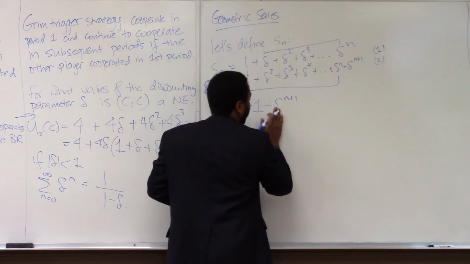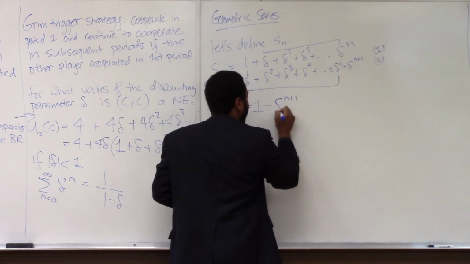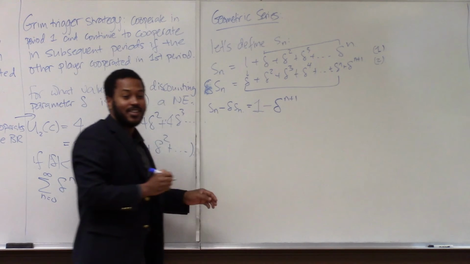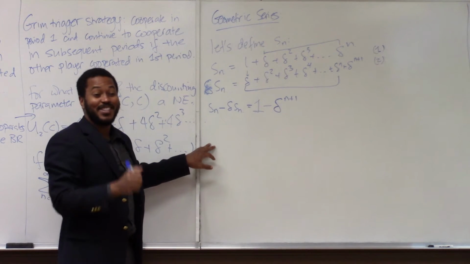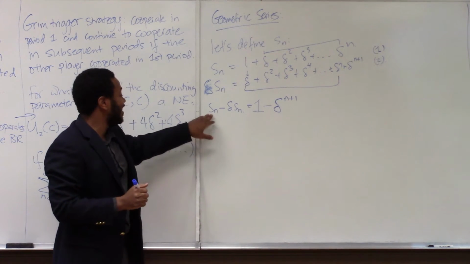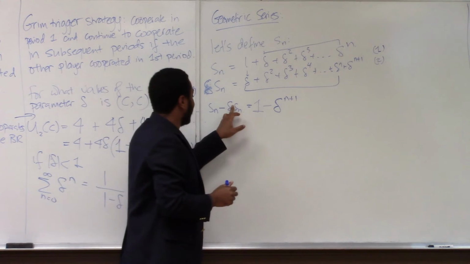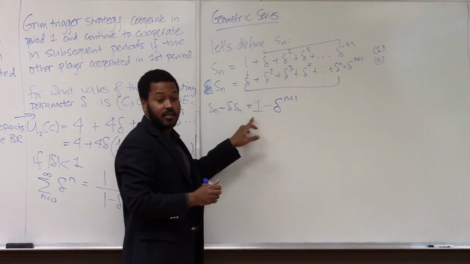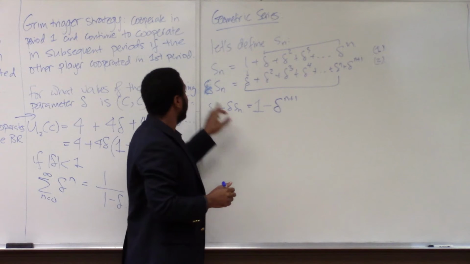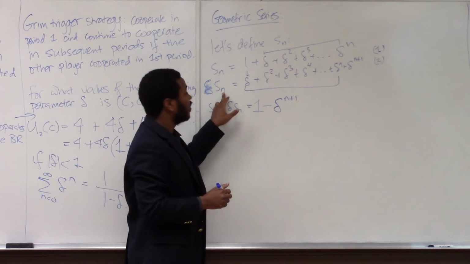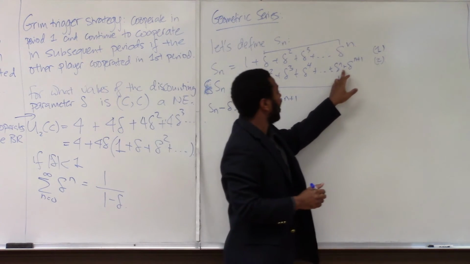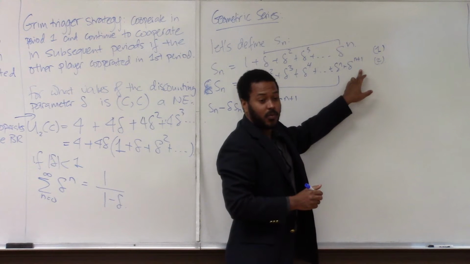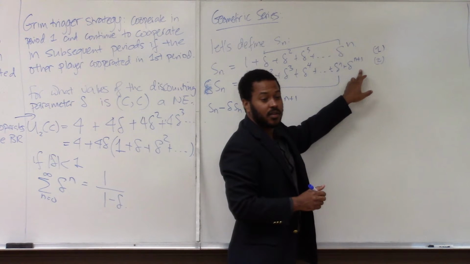No, this is delta raised to the power of n plus 1. Thank you so much, you keep me honest about my notation. So this is Sn minus delta times Sn, this is delta times Sn, and this is delta to the n plus 1.